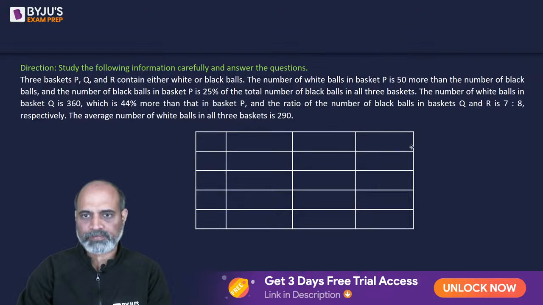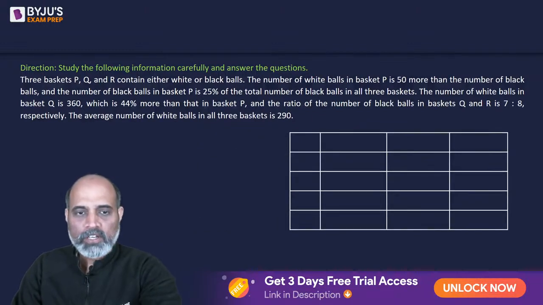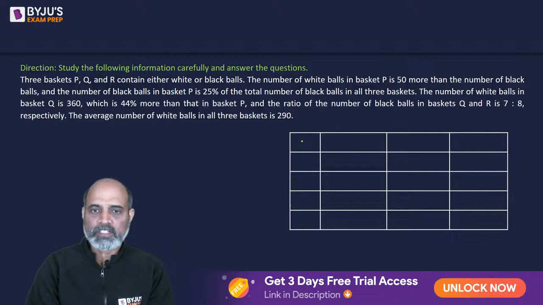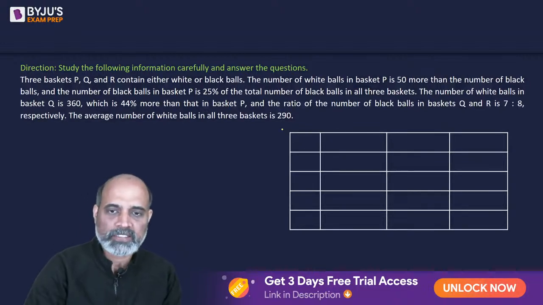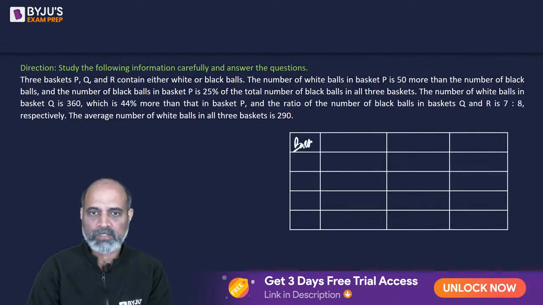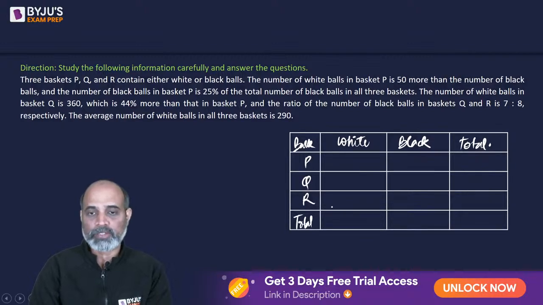Okay, so why did I draw this? Because I will be writing down the baskets here. This is going to be basket P, Q and R, and the number of white and black balls in each of the baskets. And this is the total that we'll be talking about, and this is also the total we'll be talking about.